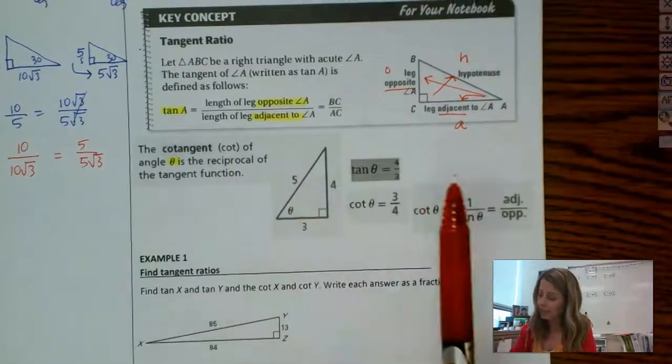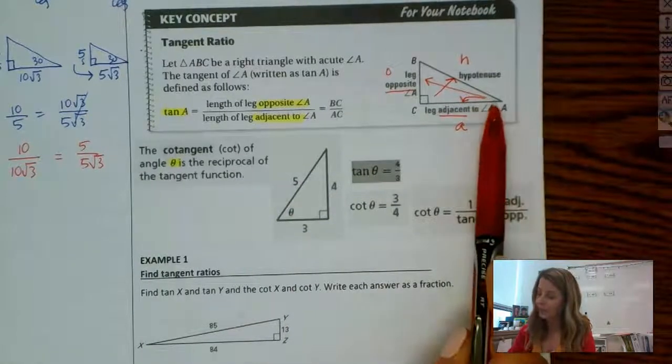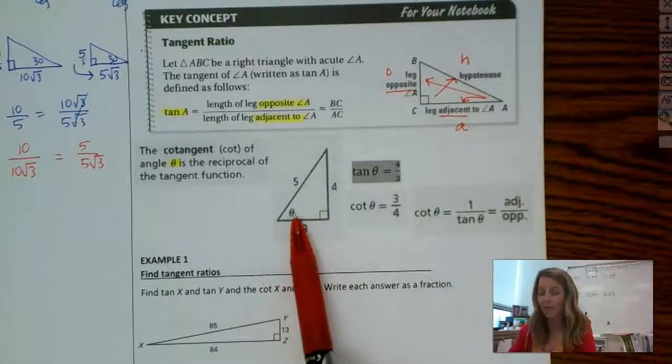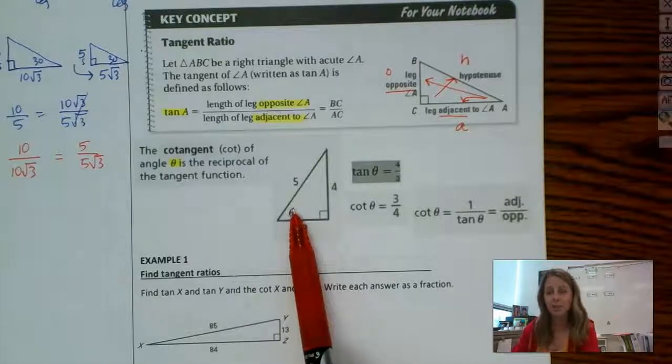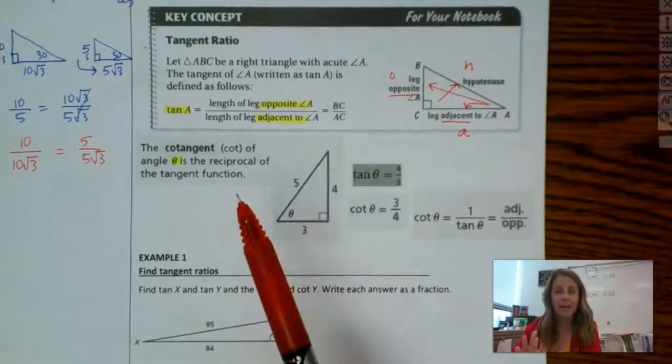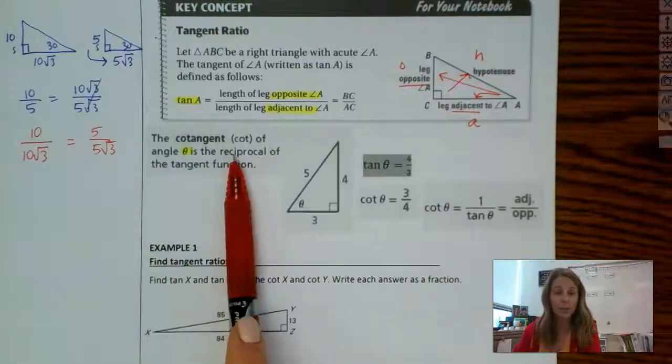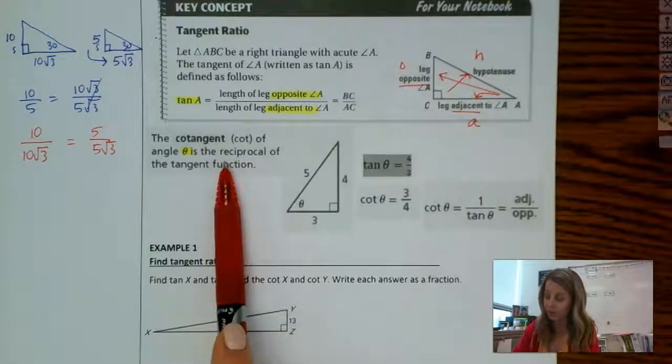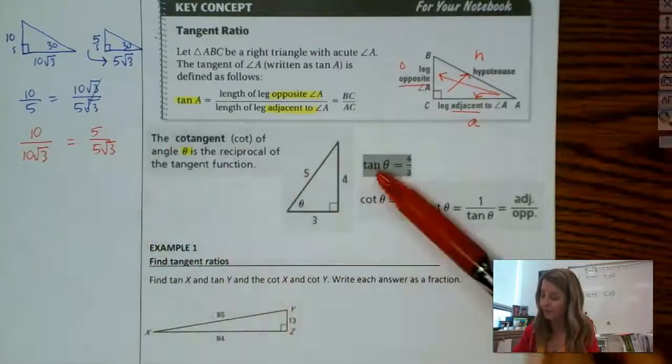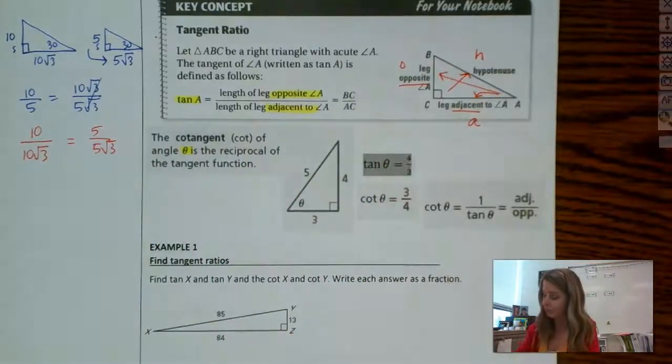Instead of saying angle A, a lot of times you'll have that theta symbol, but that will only occasionally show up. You'll probably get to that more in Algebra 2 or pre-calculus. So for now, I'm not concerned with spending much time on cotangent. I want to focus just on tangent, so we're going to ignore this center area.